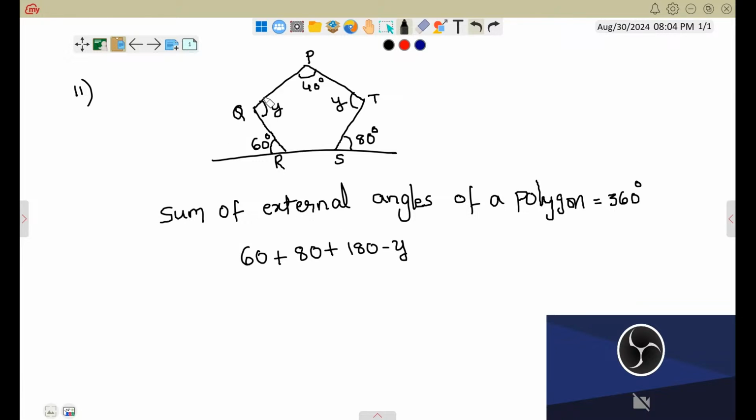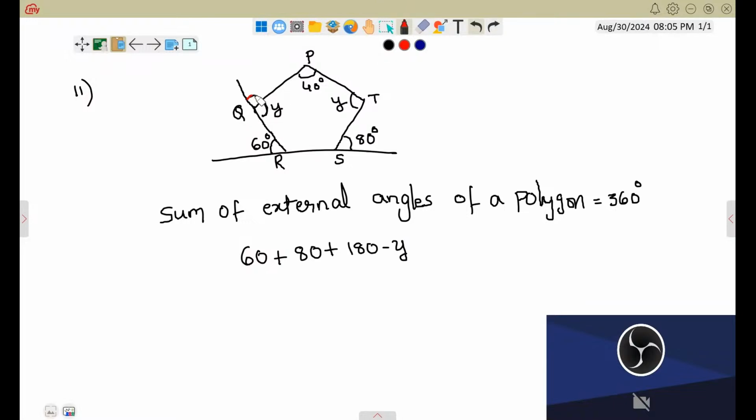Here we don't know the external angle of Q. The total angle at a point on a line is 180 degrees. If you extend the line, the total angle is 180 degrees.